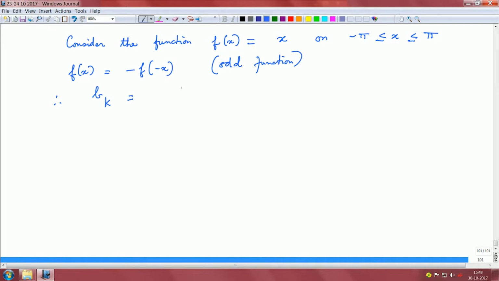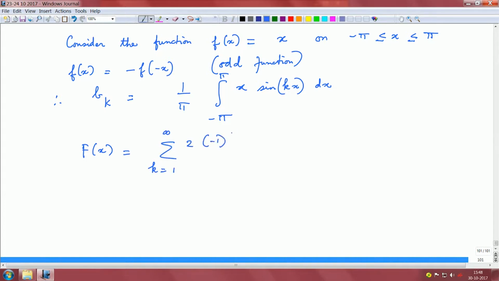So, let us say the b k coefficient is given by this formula, and if you did integration by parts carefully and computed b k, you can say that f of x is summation k equals 1 to infinity 2 times minus 1 power k plus 1 upon k sin k x.